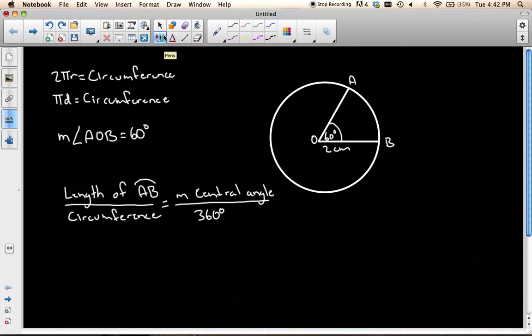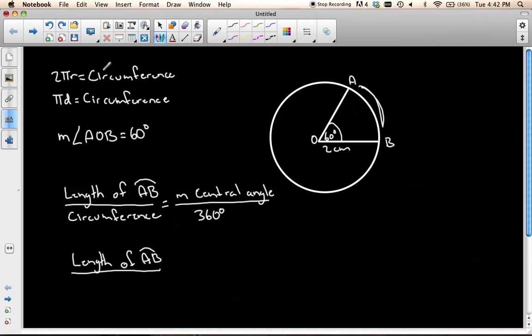If we look at what we have here, we don't know the length of arc AB. That's what we're trying to figure out. So we're trying to figure out how long this part right here is. We don't know our circumference either, but we know that our radius here is 2.